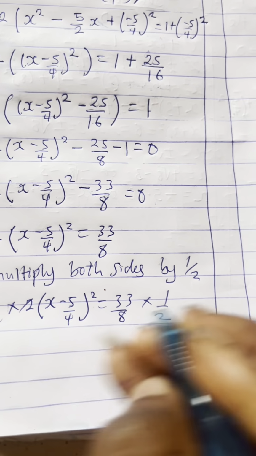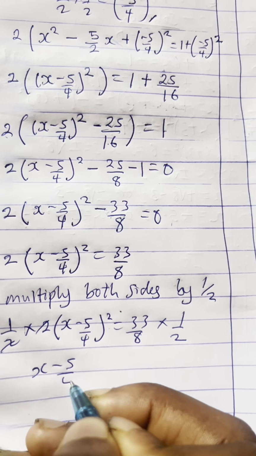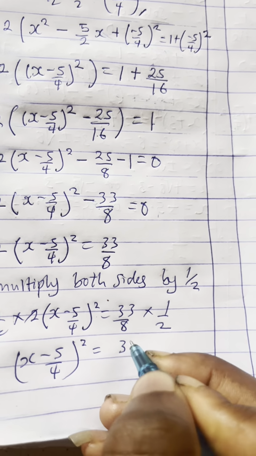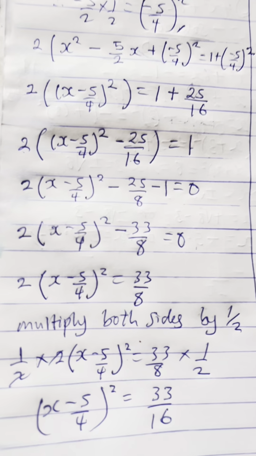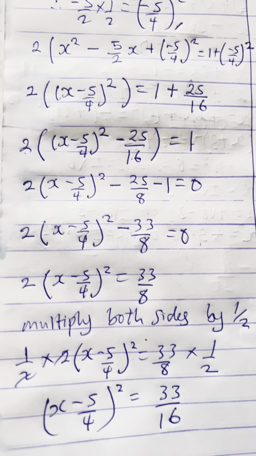These two cancel these two. Then we are going to be left with x minus 5 over 4 all squared equals 33 over 16. So 8 times 2 is 16. So that is x minus 5 over 4 squared equals 33 over 16.